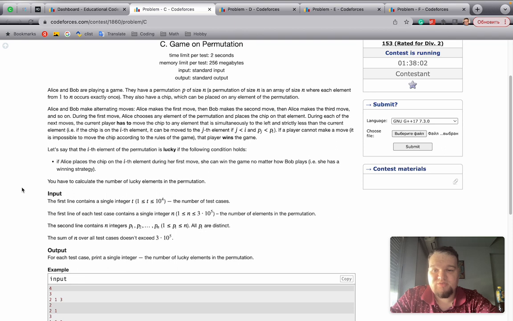During each of the next moves, the current player has to move the chip to any element that is simultaneously to the left and strictly less than the current element. If a player cannot make a move, that player wins the game.